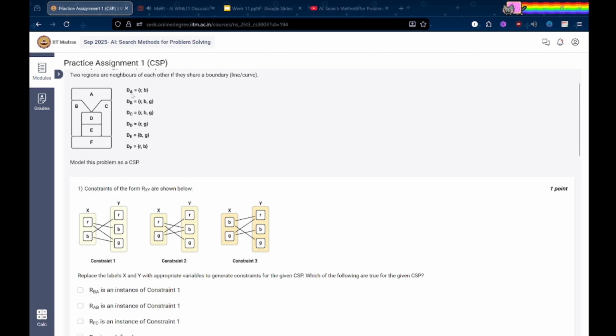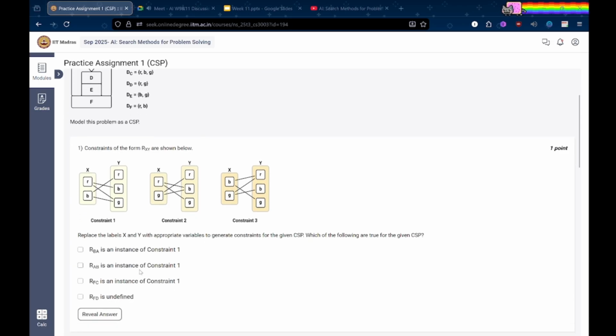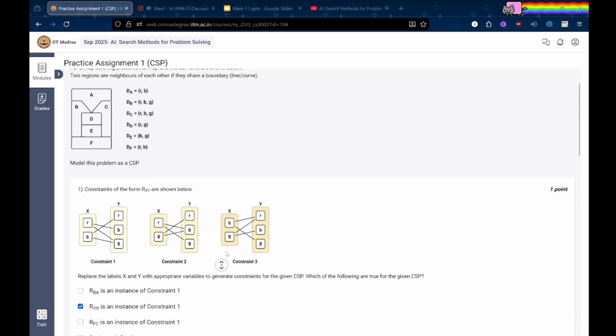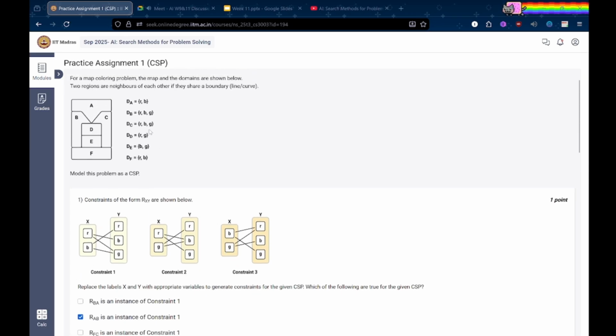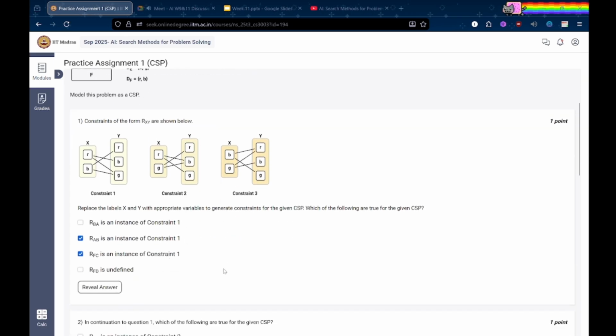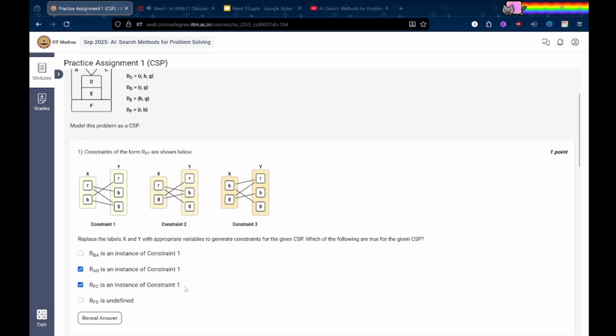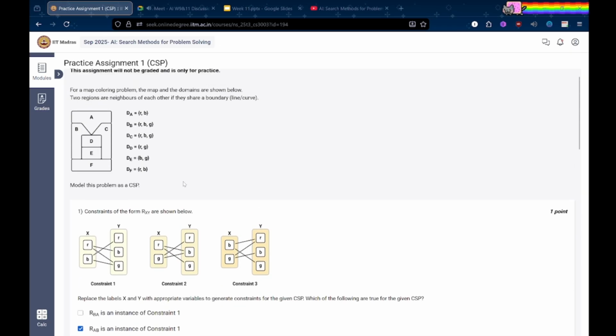It is A, right? A and F. These are the only two that have the domain RB. And then RBG is something that B and C have. So I'd say A and B should be one. RAB is an instance, and RFC is an instance of constraint 1, and RFB is undefined.